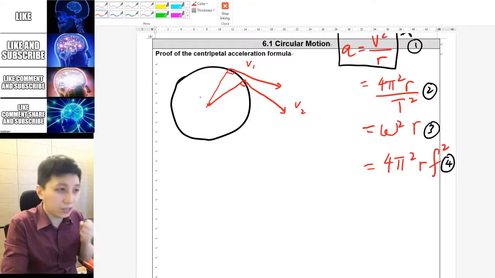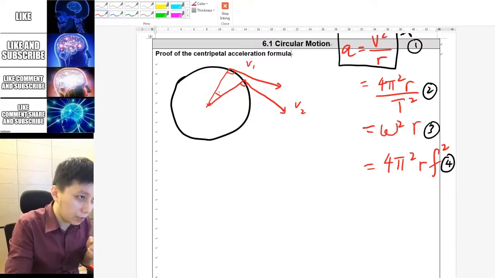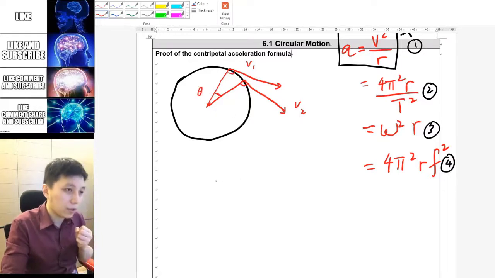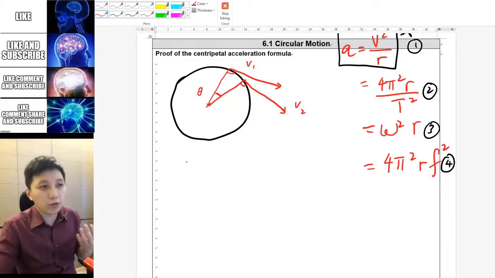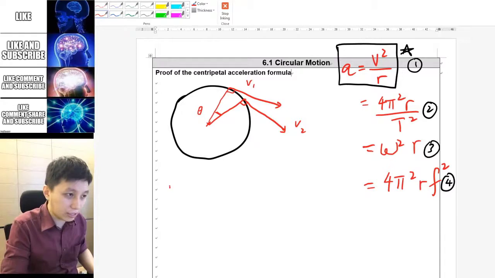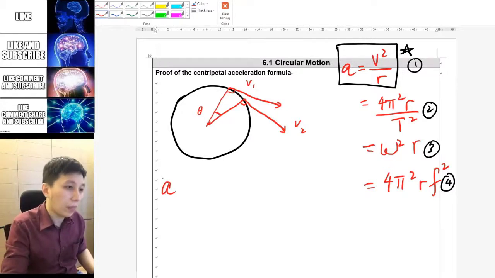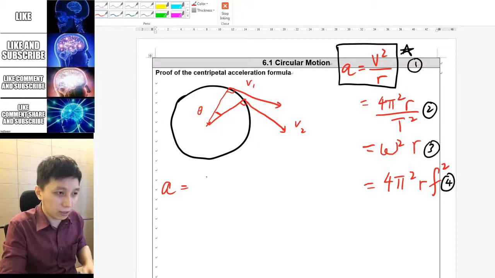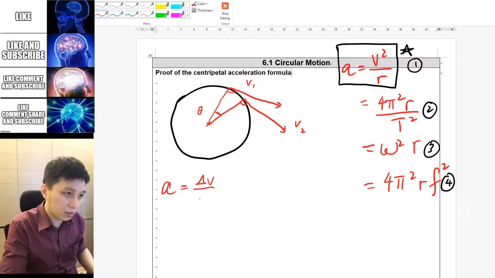Now let's define this angle to be theta. If we want to prove the equation that we are looking for, one thing that you should recall is the fundamental definition. Let's recall acceleration will be dv over dt, or if you don't want to express it with calculus, then at least delta v over delta t.